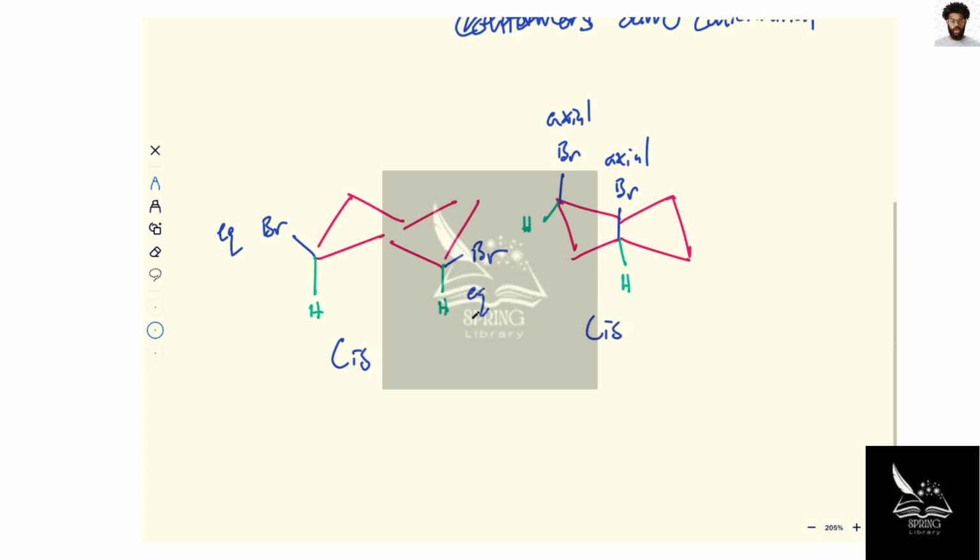Right, so we know there hasn't been any stereoisomerism or constitutional isomerism, because they're still two carbons apart from each other, and they're both on the same side of the ring in both cases. But since we've changed from equatorial to axial, going from one representation to the other, these would have to be different conformations.